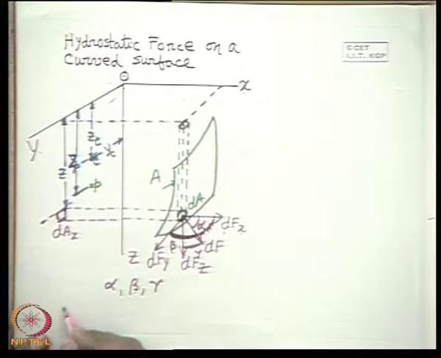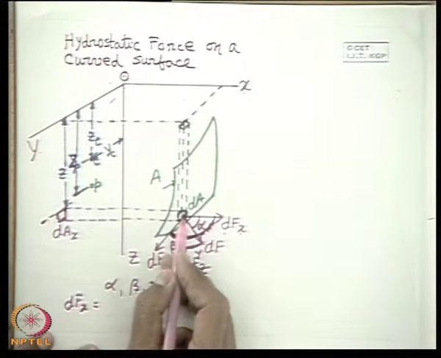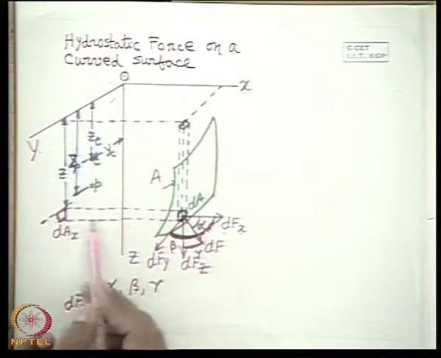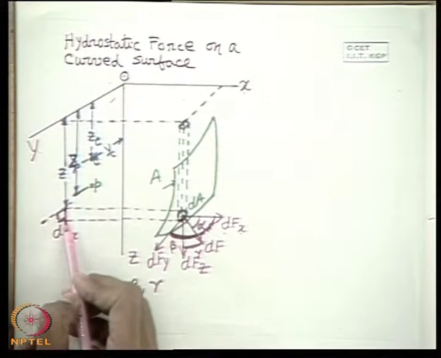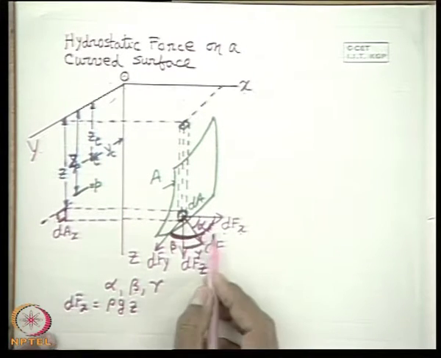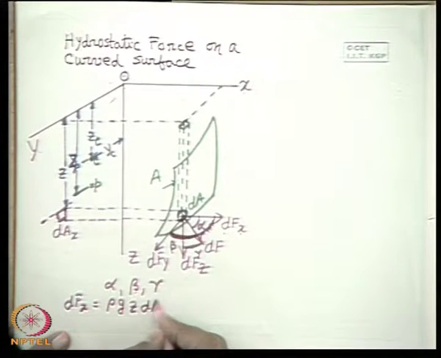Then we can tell simply that dFx is equal to what? dFx is equal to dF. Now dF is dA into rho g z, if we consider that this area is at a vertical depth z from the free surface. So simply rho g z times what we can write? dA cos alpha.